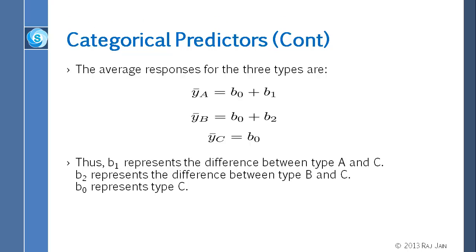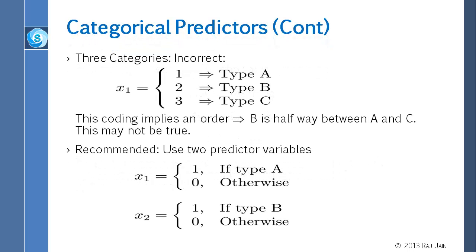what I wanted to say was, and this you can continue, for 3 categories we did 2 predictor variables, right? For k categories, you will need k minus 1 predictor variables, okay?